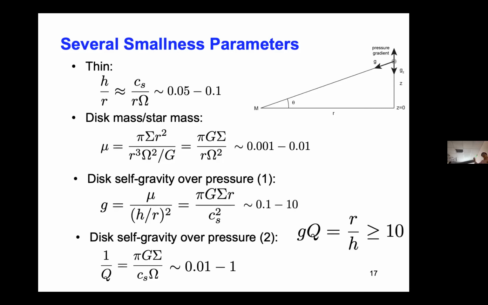The reason I emphasize self-gravity is because, as I mentioned, we see spirals, we see vortices, we see rings. We have to use some free energy to excite structures in such a shear flow because there's not much other energy available. So this self-gravity turns out can help us there.